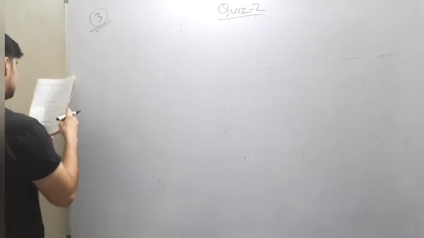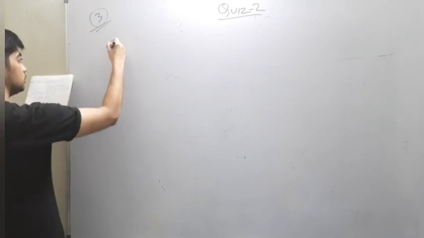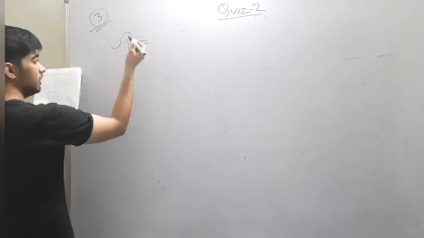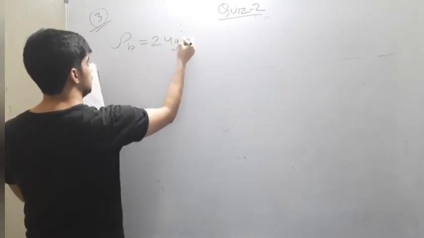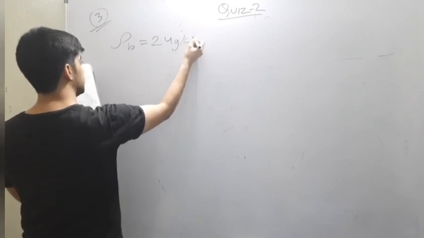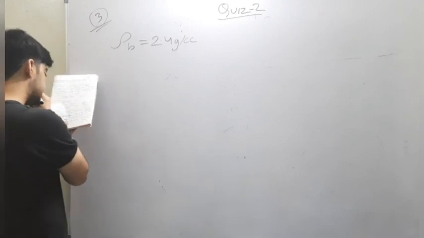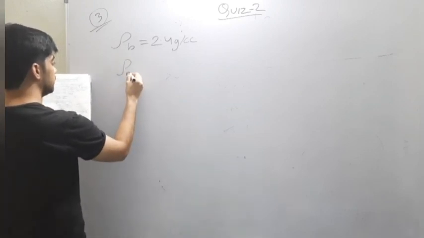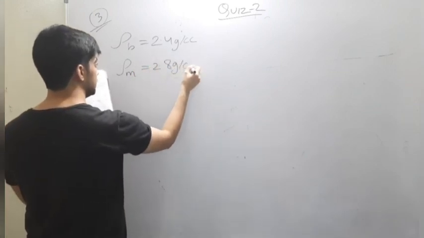In the third question, it has been mentioned that the density log measures 2.44. It will measure bulk density, which is obvious, 2.4 gram per cc in a limestone formation. And prior to logging, barite mud was used. The density of mud or mud weight is 2.8 gram per cc.